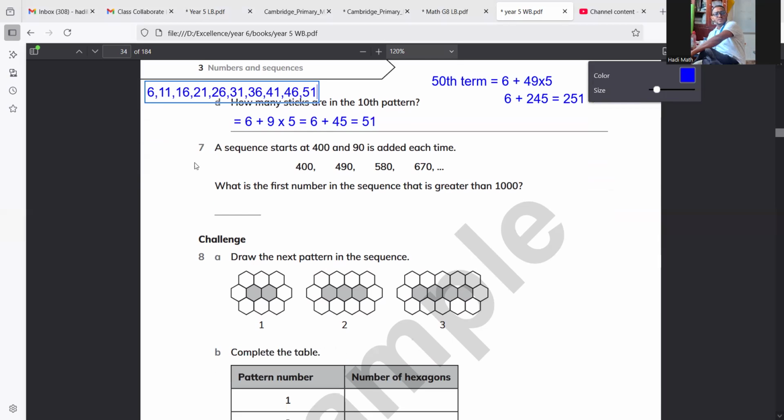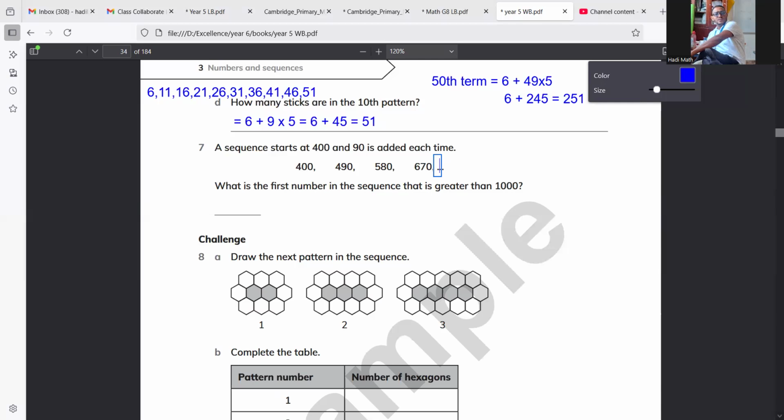Look at number 7. It says a sequence starts at 400 and 90 is added each time: 400, 490, 580, 670. What is the first number in the sequence that is greater than 1,000? You can go on and find it. Just add 90.